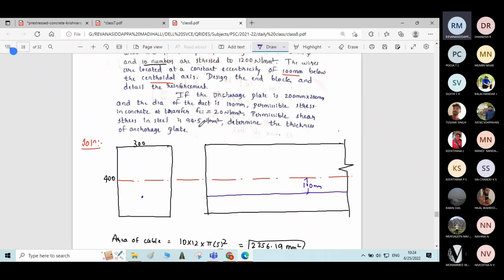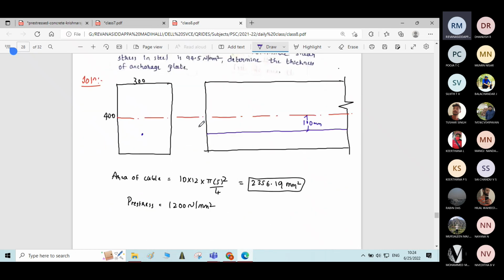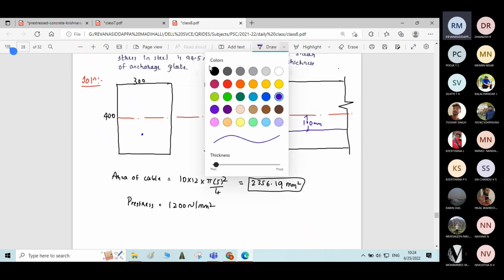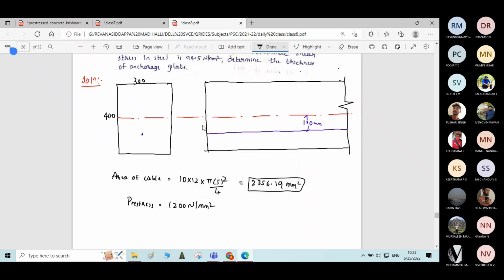If the anchorage plate is 200 by 200, the size of the anchorage plate is given 200 by 200, write it. 200 by 200 means it will be of this length, correct? Because overall depth is 400. 400 divided by 2 is 200.